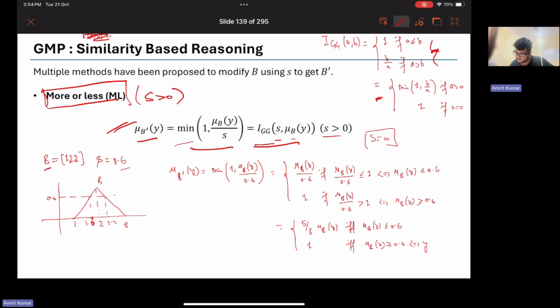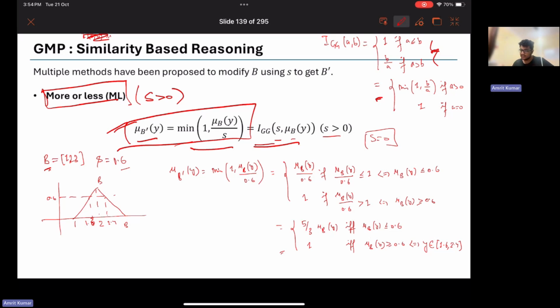And this we know holds if y is between 1.6 and 2.4. So given a fuzzy set B and a similarity value of 0.6, mu B dash computed using this formula turns out to be this. Now, what exactly does this definition tell us?